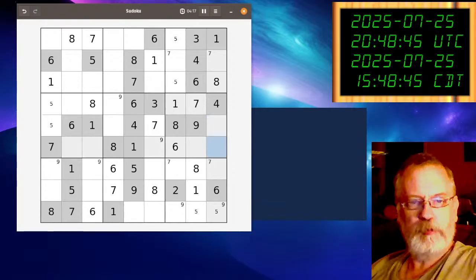Alright. How about 4s? We get a 4 here, here, here. One of these 2 is going to be a 4. 4 possibilities there. 3 possibilities there. 3 possibilities here, except that it's going to have to be one of these 2, because I don't have any place for a 4 down here.